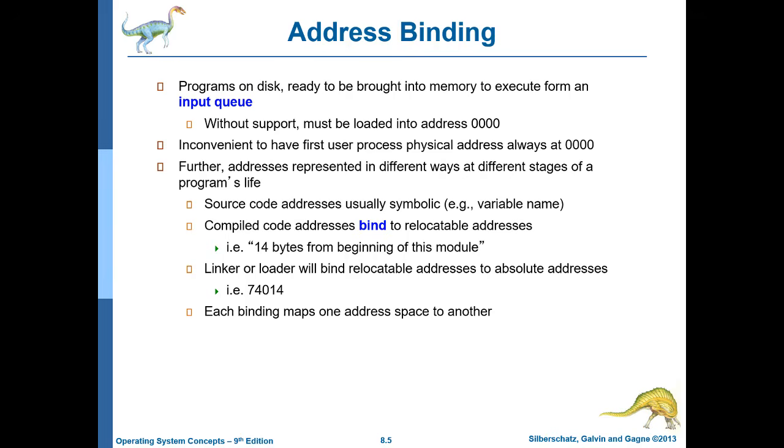In relocatable code, we refer to an address starting from some starting address. For example, the very first address in a program is 0. Then in a relocatable code, we will say that this instruction is located 14 bytes from the beginning, or this instruction is located 100 bytes from the start of the program.